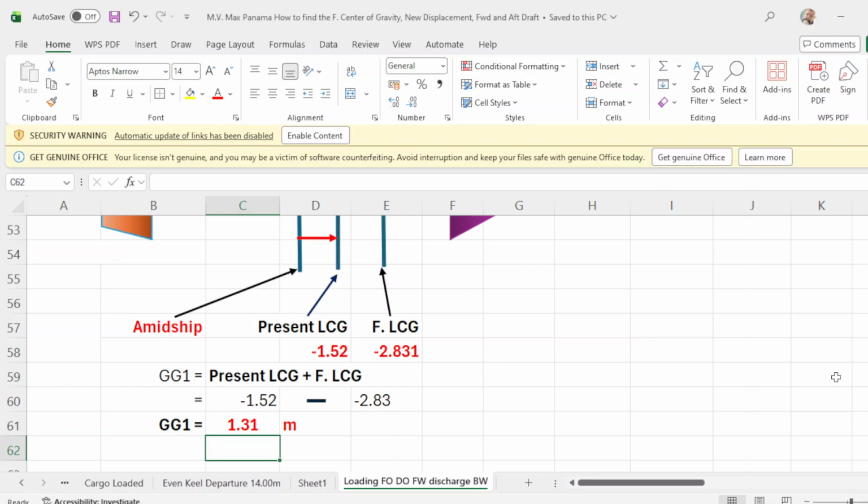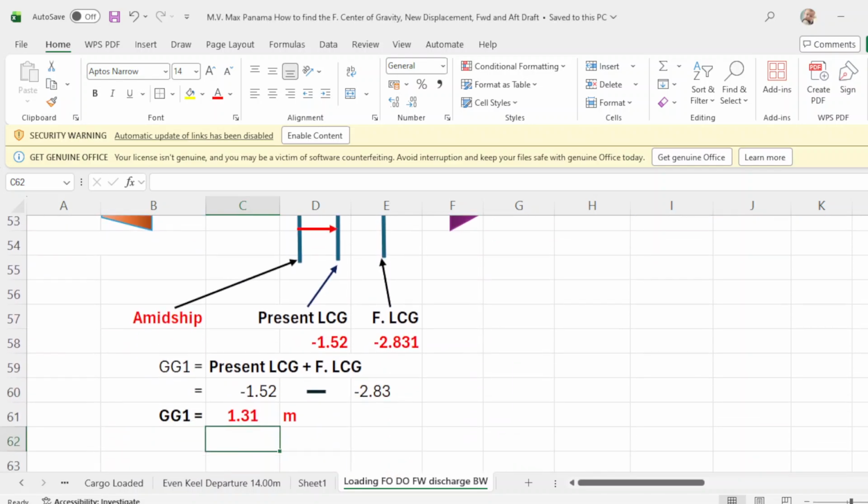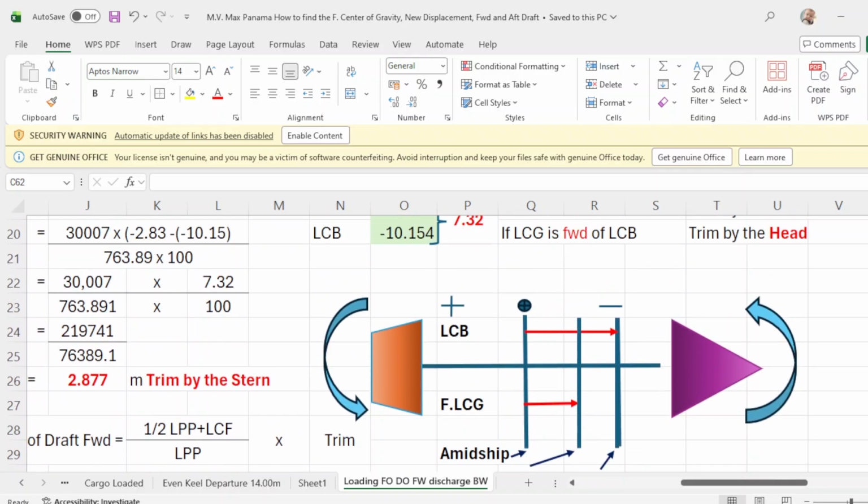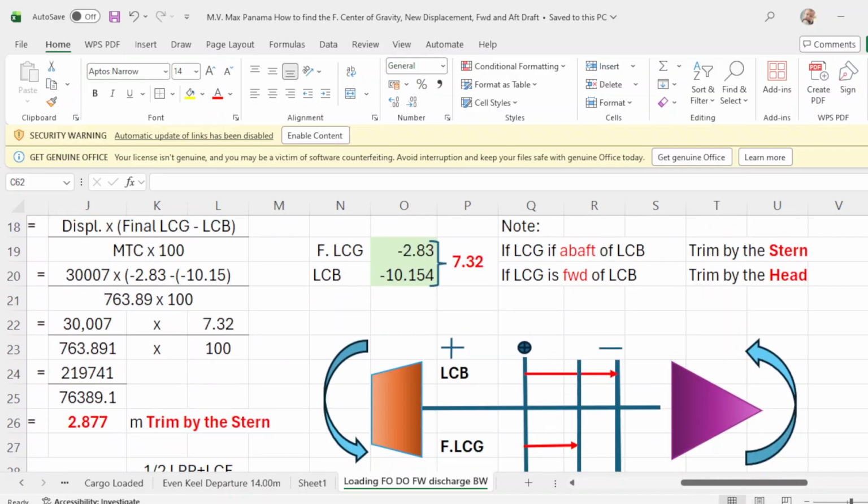The distance of the GG1. Then here, in this figure, take note your final LCG is 2.83 and your LCB is negative 10.154. Take note, by analyzing this figure, your LCG is behind of LCB and LCB is the forward part of LCG.